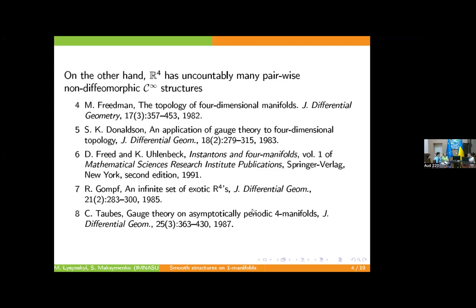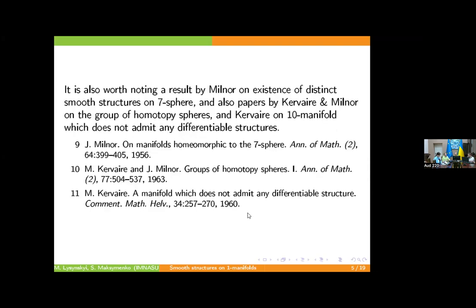So R^4 has uncountably many pairwise non-diffeomorphic structures. So you see there are a lot of results, and many people are working on structures on four-dimensional manifolds till now. Also a well-known result by Milnor, which I think everyone here knows, is that the seven-dimensional sphere has 28 pairwise non-diffeomorphic structures.